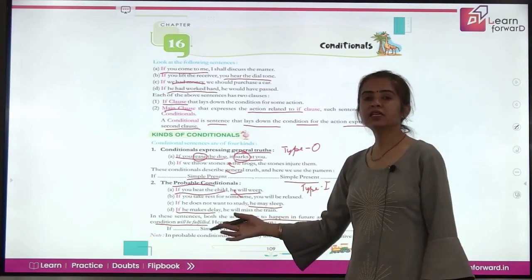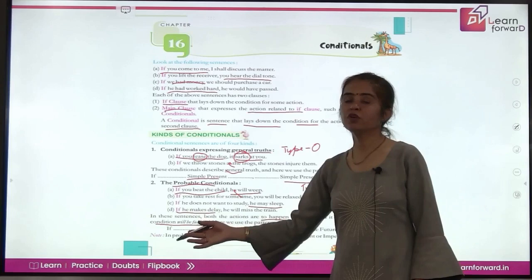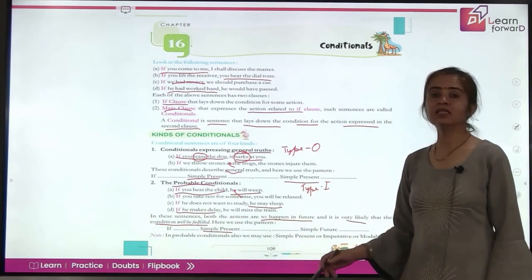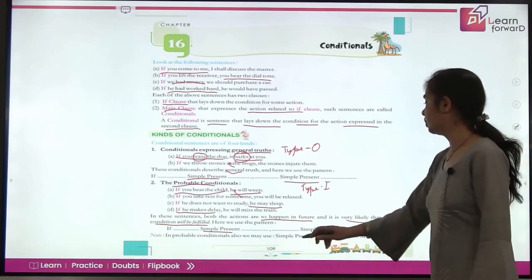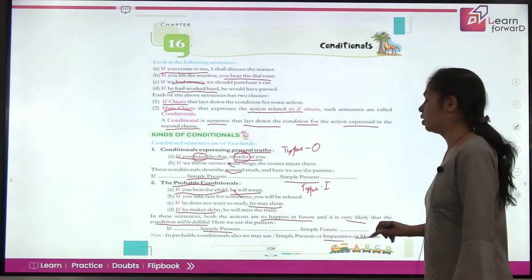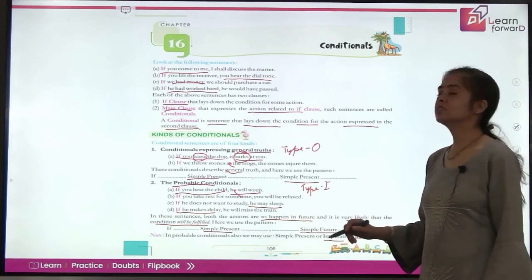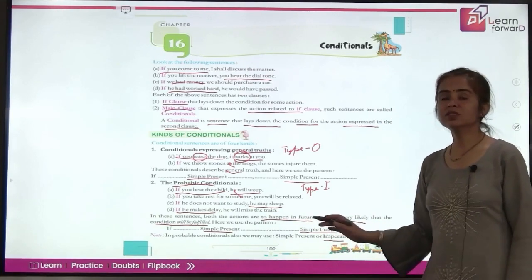And in this case, how do you use the tense? The if clause has simple present tense. In place of simple present tense, you can also use imperatives or modals here. And in the main clause, you have simple future tense. So this is the structure.